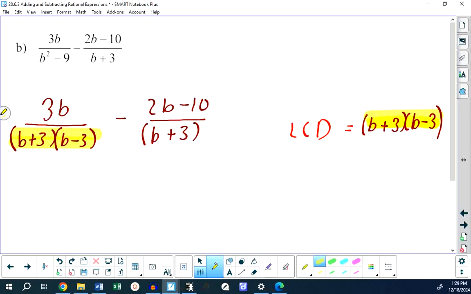And it has to contain all of the factors in that denominator, but it already does. This would be the equivalent of me saying something over 12 plus something over 2. The common denominator would be 12 because the 2 is already a factor of that common denominator of 12. That means we're going to have to multiply top and bottom by b minus 3.